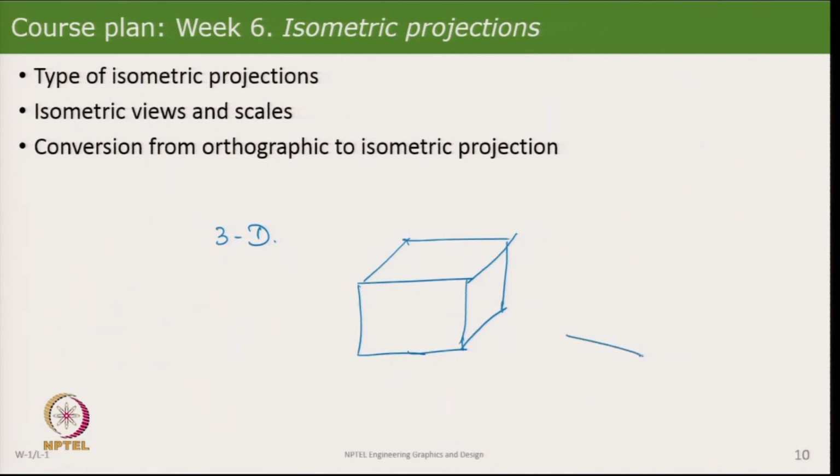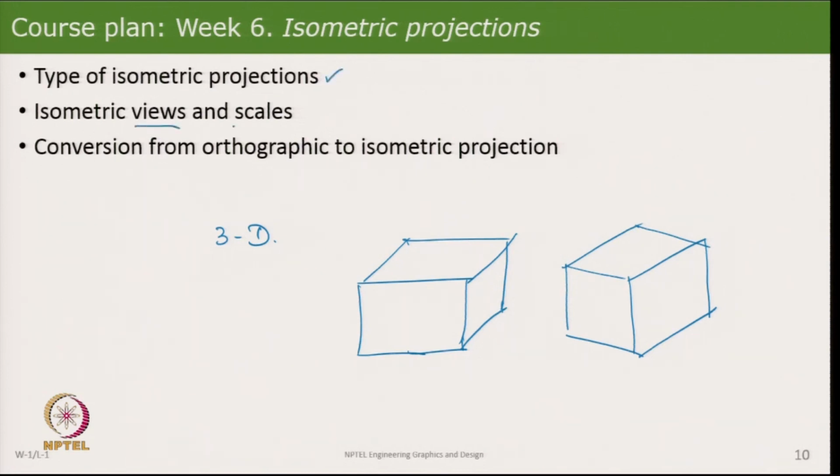We could even make an object like that. That is another type of an isometric projection. So, these are the techniques by which we will show, that is what we will learn in this week.